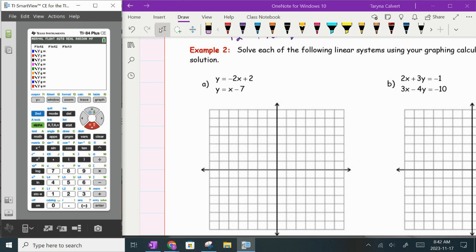Okay, so now we can type in our equation. So we have negative, right? The negative is down here, and then 2x plus 2. Just give me 2 seconds.